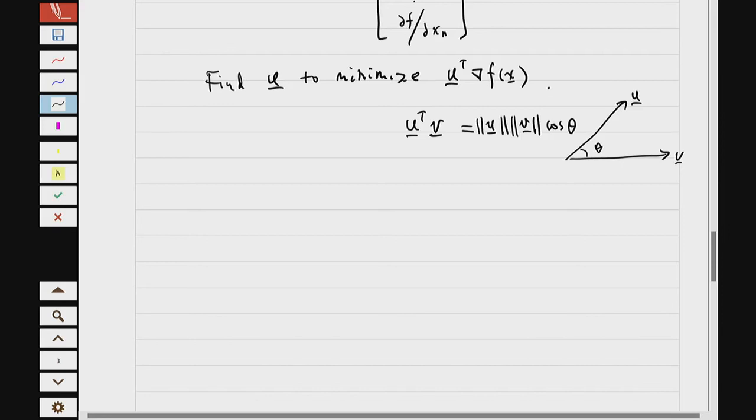Is cosine equal to 0 the smallest case? At 0 degrees, cosine of 0 is 1. That's actually the maximum case. What is the minimum case? Come on. We have 180 degrees, cosine is minus 1, right? So this is greater than or equal to the negative of the norms.